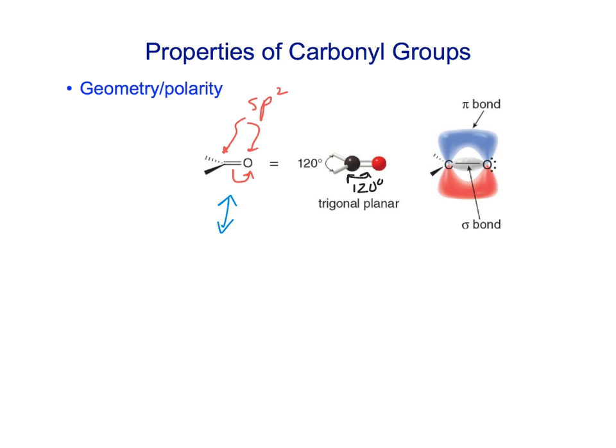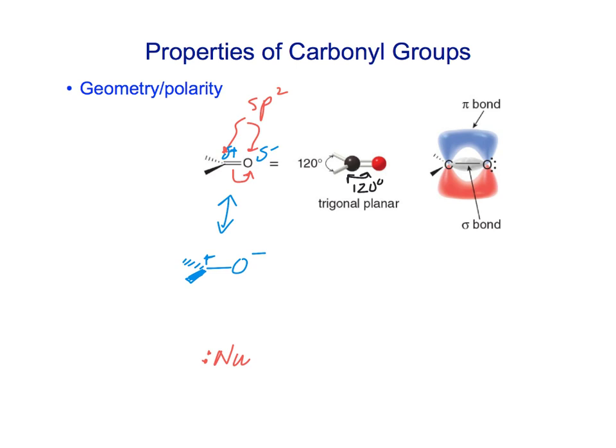There's a difference in polarity here, and so we have resonance that puts a minus or a partial minus here on the oxygen and a partial plus on the carbon. All right? So if we react a carbonyl group with a nucleophile, that nucleophile could be neutral or it could be charged. We'll see both of those situations.